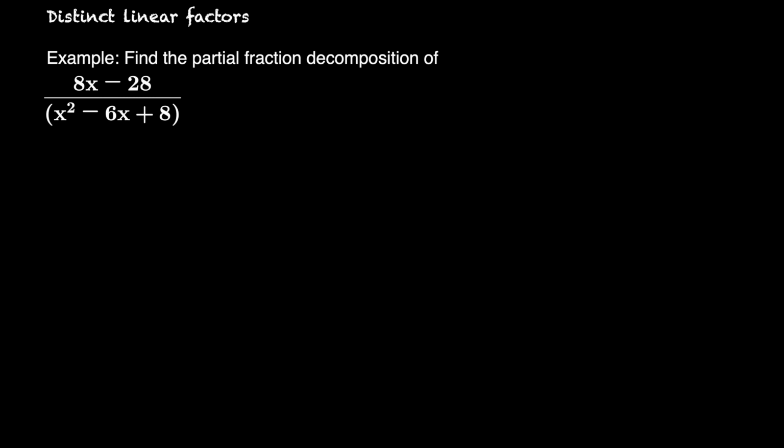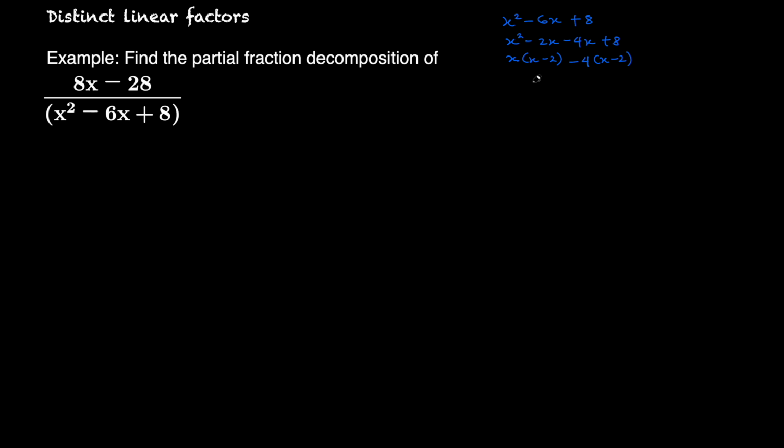So in the second example, we'll have to first factorize the denominator as a product of two linear factors. So let's do that first. x squared minus 6x plus 8, x squared minus 2x minus 4x plus 8, x into x minus 2 minus 4 into x minus 2.